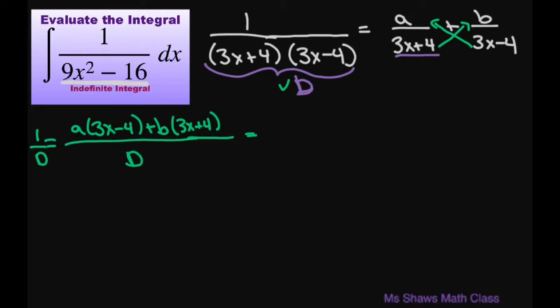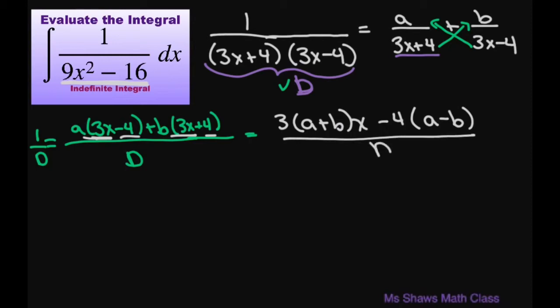Now let's fix up the numerator and group our x's together and our constants. That's going to give you 3 times A plus B x, because those both have x's in them. And then for these two, we're going to get minus 4 times A minus B all over this common denominator.